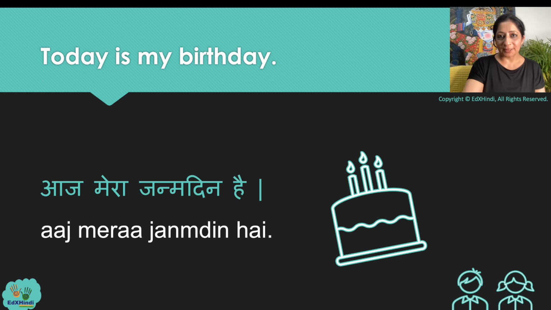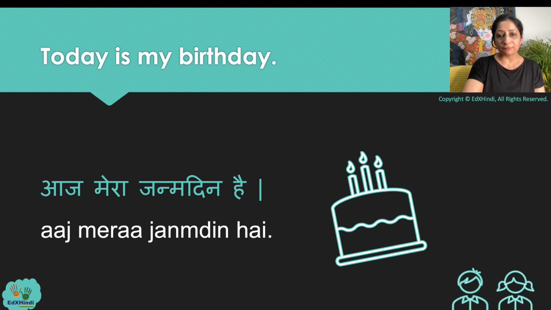If you want to say, today is my birthday, in Hindi, you will say, आज मेरा जन्मदिन है. आज मेरा जन्मदिन है. आज means today, मेरा means my, जन्मदिन means birthday, है means is.